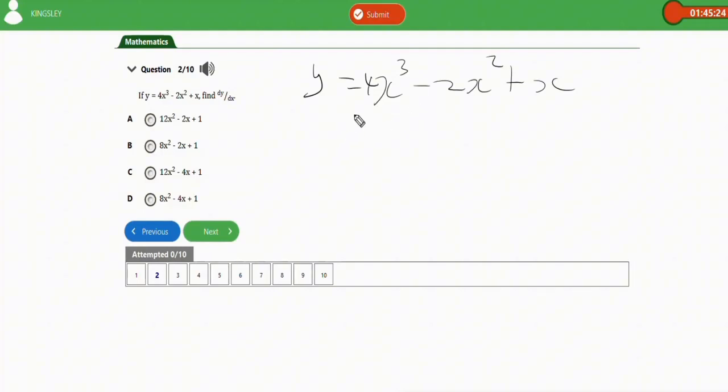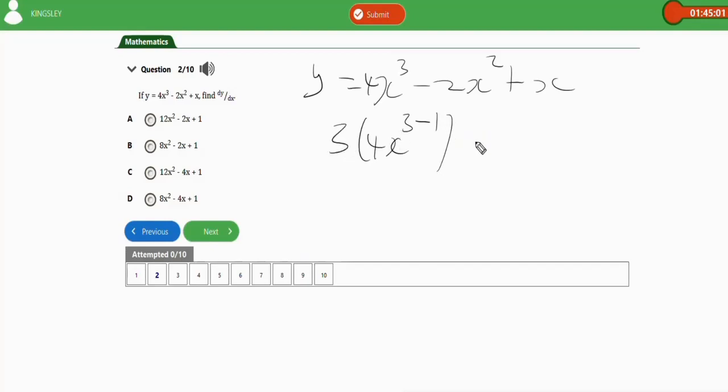If we are differentiating this, we have 4x cubed, subtract 1 from the power. At the same time, the power will come and multiply what you have here. This is how you differentiate.